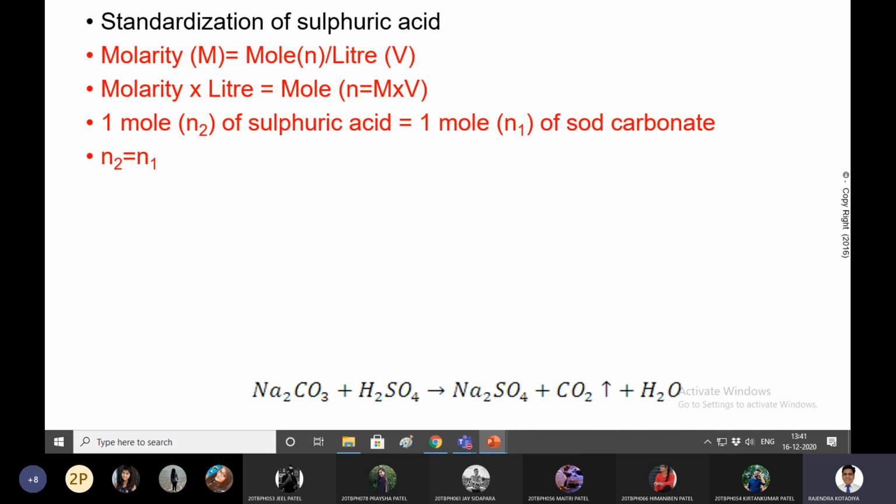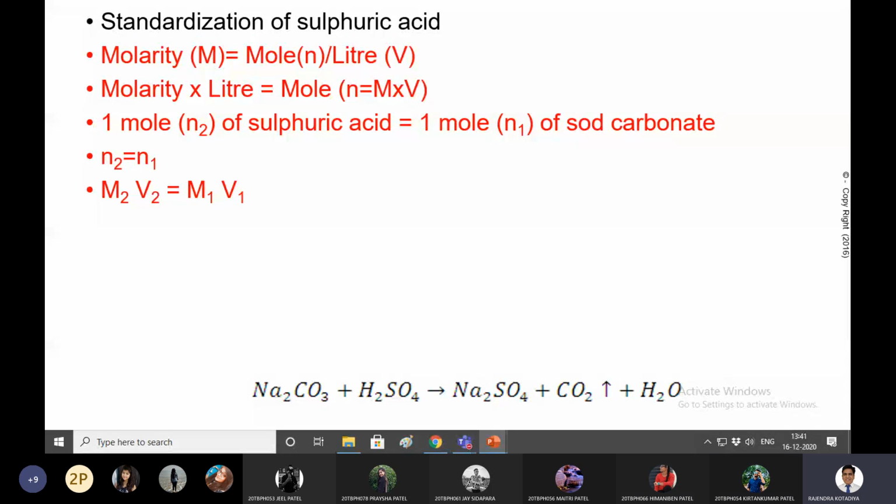Now based on that we need to find what n2 and n1 are. Recalling the second line equation, n is nothing but M into V. So for n2 it is M2 into V2, and similarly for n1 it is M1 into V1. So M2 V2 is equal to M1 V1.